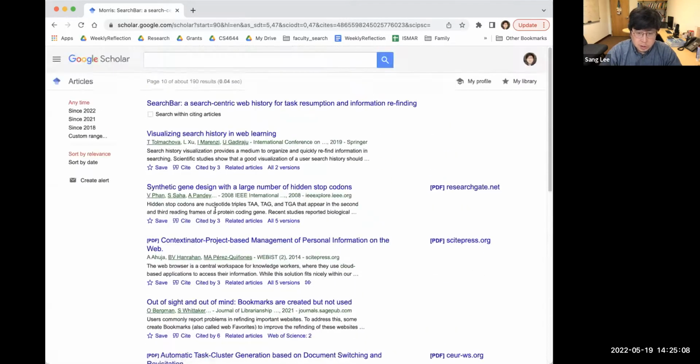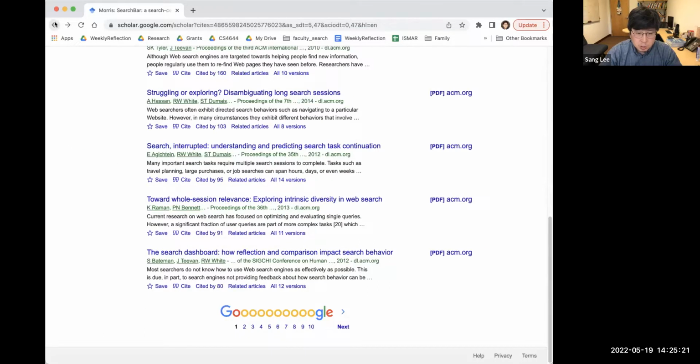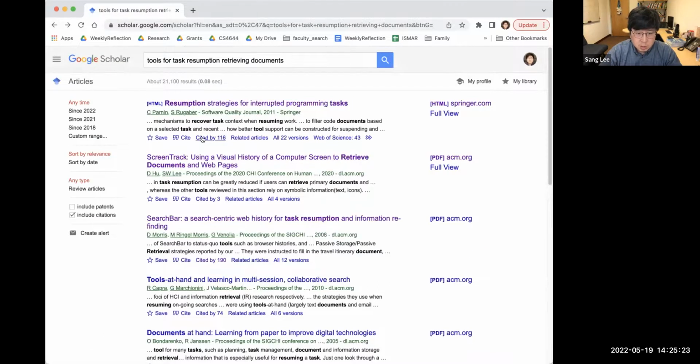So that's basically how you can utilize Google Scholar to find papers that are relevant to a particular research topic. And one particular feature that I wanted to explain was this cited by and the citation number.